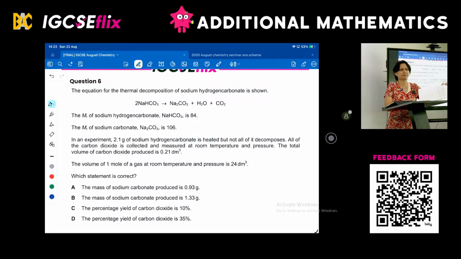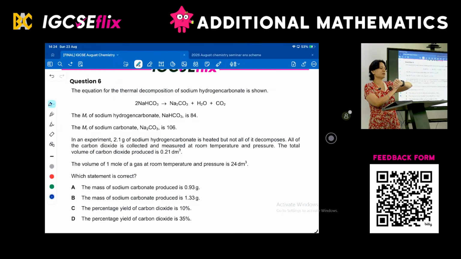This is the hardest MCQ question ever for calculation. If you can do this, you can do anything. This is the only question that I've ever seen that is really so difficult to calculate.